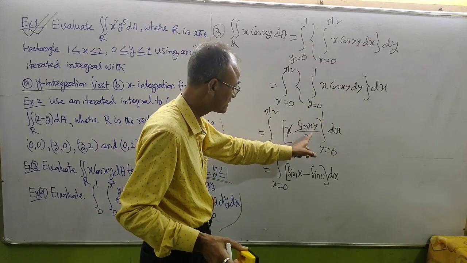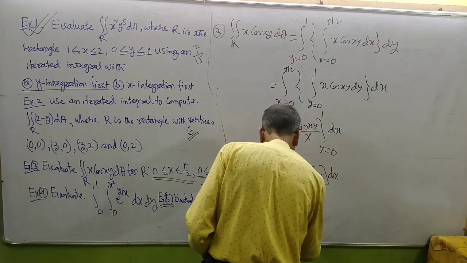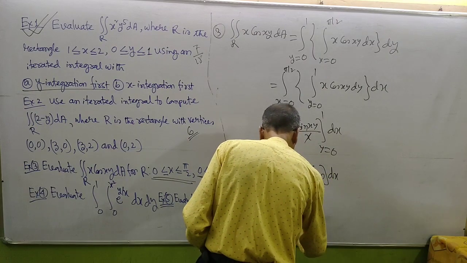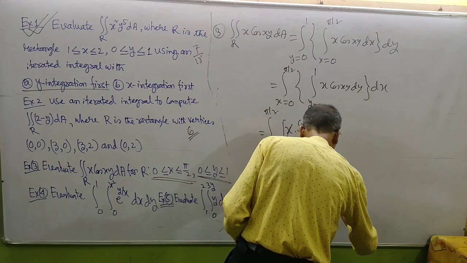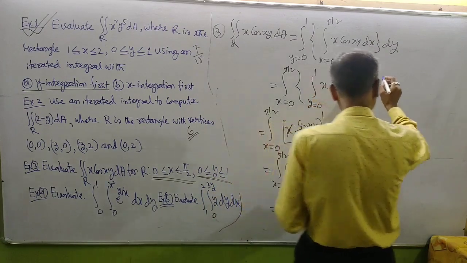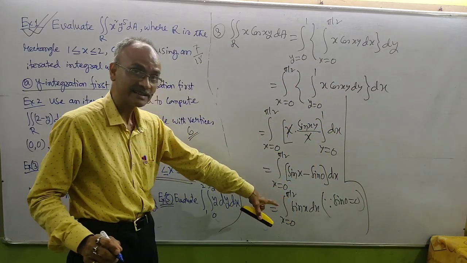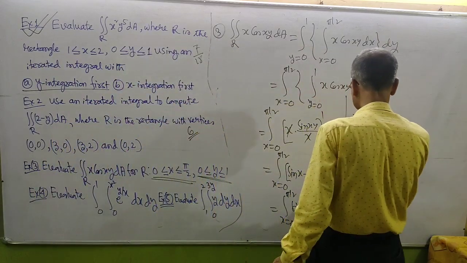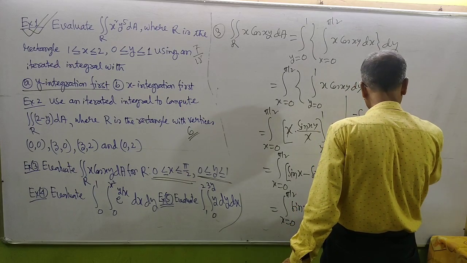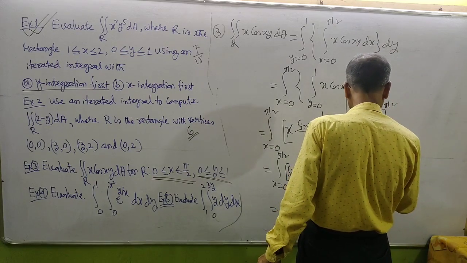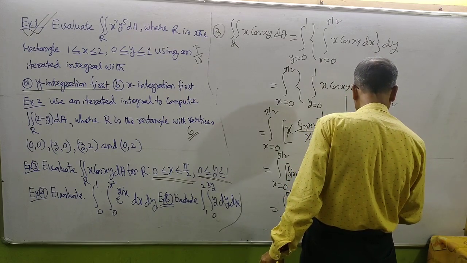Now put y equal to 1, then you will get sin x. Put y equal to 0, you will get sin 0. This is equal to the integral of sin x dx, x equal to 0 to pi by 2, since sin 0 equal to 0. What is the integration of sin x? It is minus cos x, x equal to 0 to pi by 2. This is equal to minus cos pi by 2 plus cos 0, which is minus 0 plus 1 equal to 1.